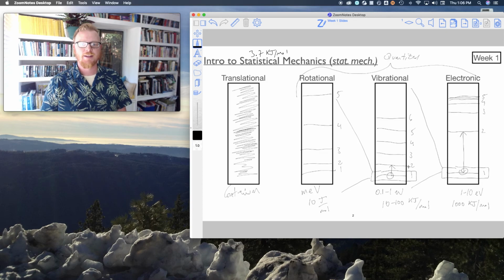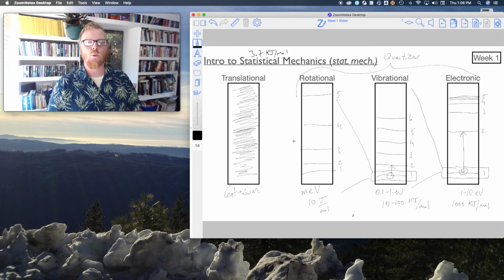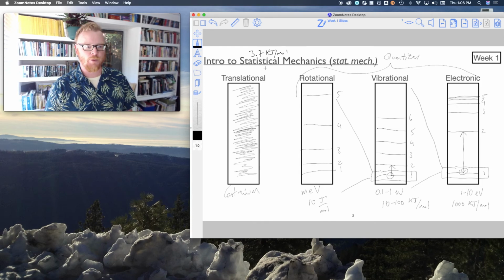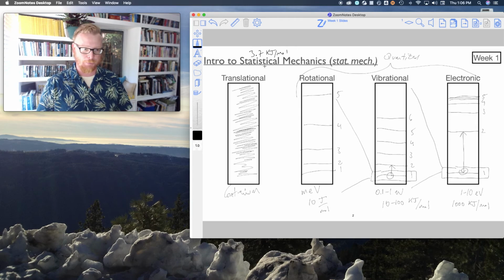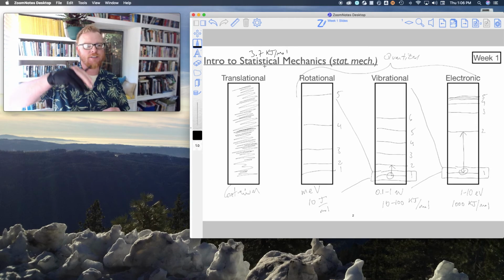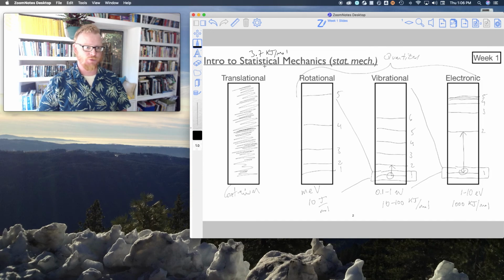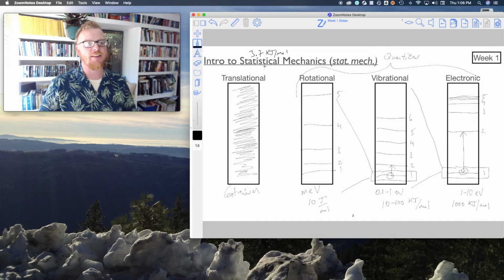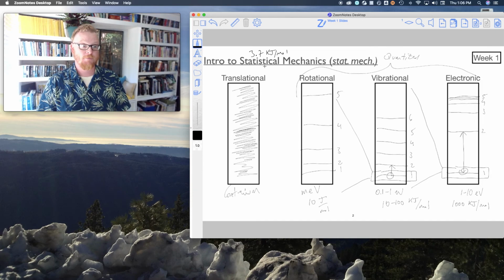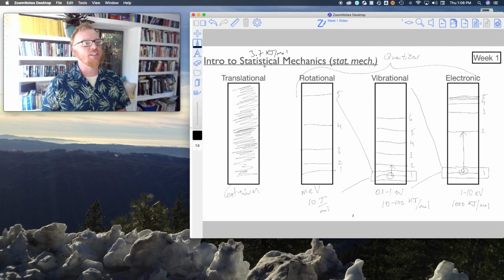It does not have enough thermal kinetic energy to self-promote to an upper lying vibrational level. Now, the rotational levels are only spread out by single millielectron volts, which is like 10 joules per mole. So we have more than enough thermal energy at room temperature to have a series of populated rotational levels. And that's true for atoms and for molecules. And then the continuum, these energy levels are crazy small together, sub-millielectron volt.